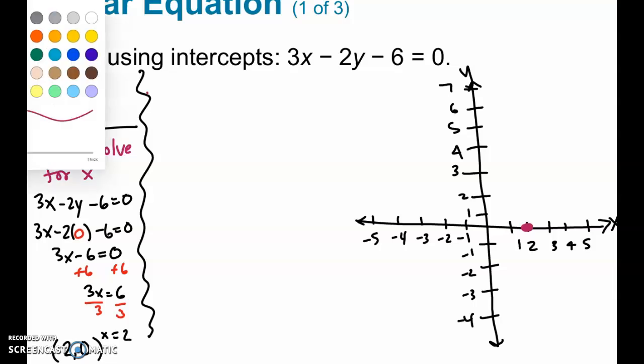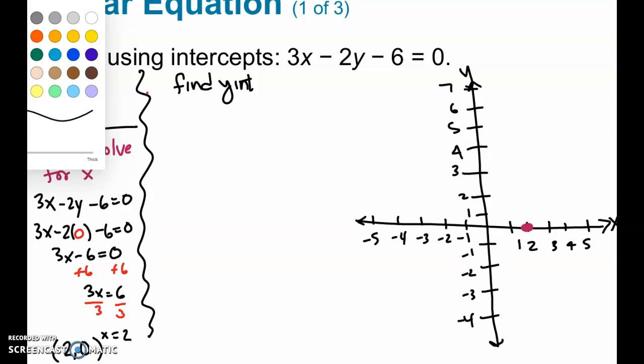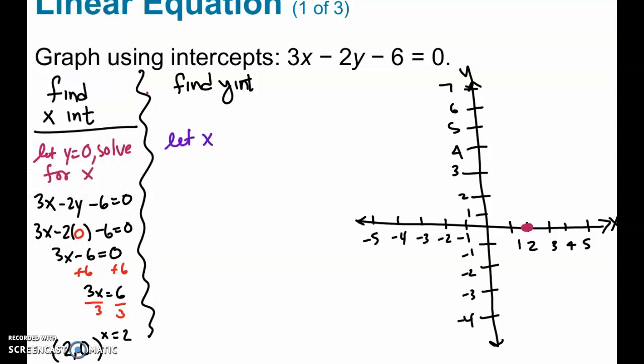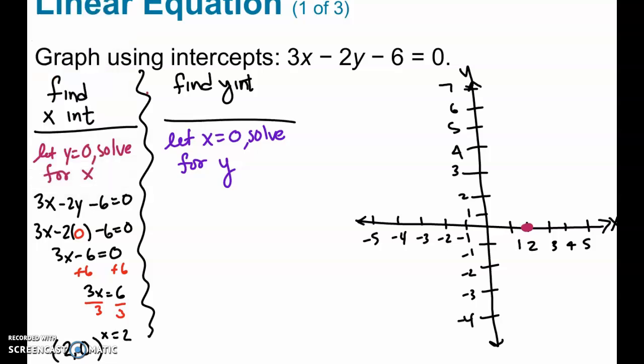Now I'm going to find the y-intercept. And to find the y-intercept, you're going to let x equal 0 and solve for y. So I will take my equation again.